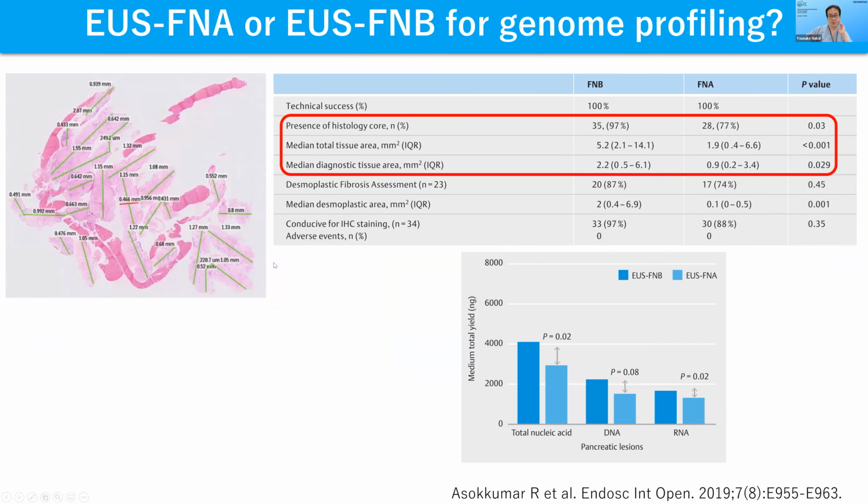As you can see, if you use an FNB needle, you can get this kind of big chunk of tissue and perform genome profiling. This is the DNA amount in the pancreatic tissue. As you can see, obviously, if you choose FNB needles, you can get more DNA.